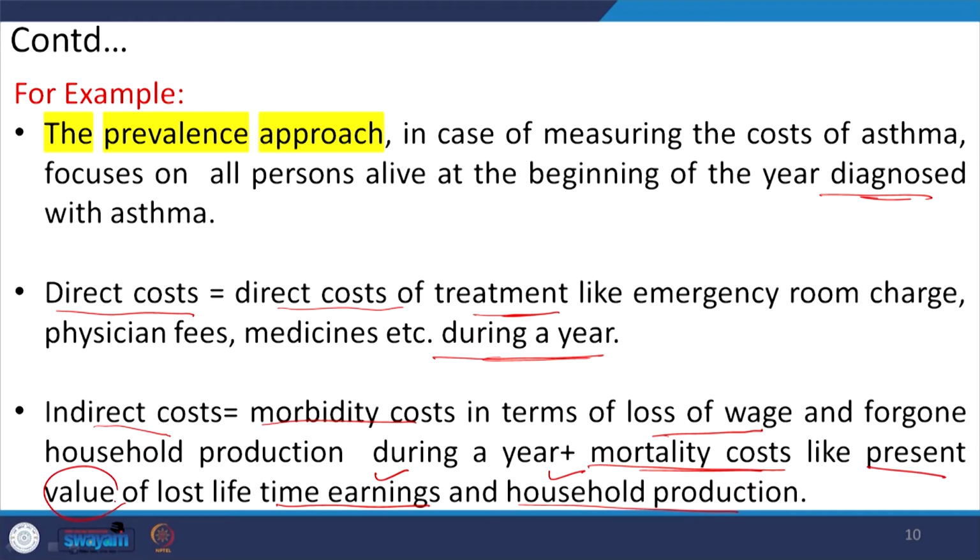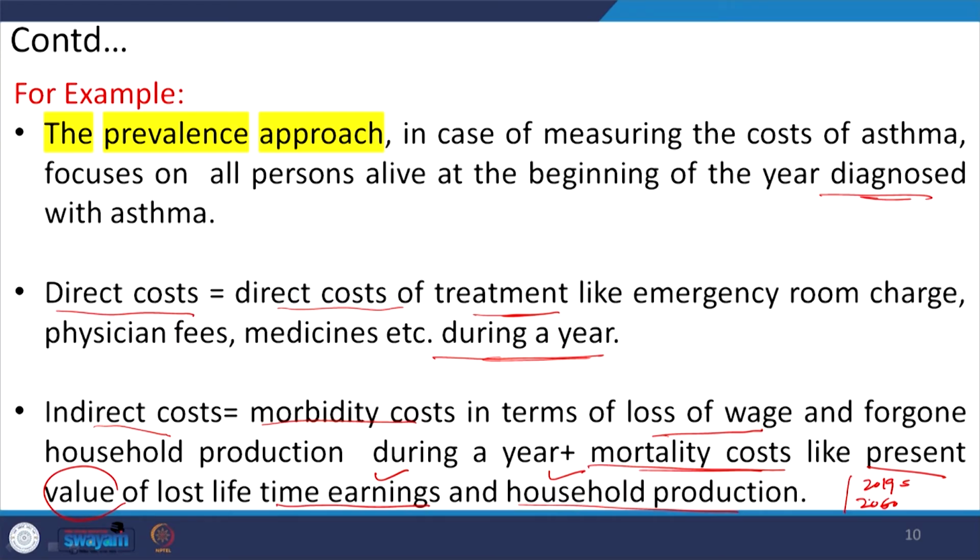So, that means when you are saying the person died in 2019 itself, but he has a life expectancy till, let us say, 2060, and this life expectancy you can find out from the relevant medical literature, what is the life expectancy of a person right now.